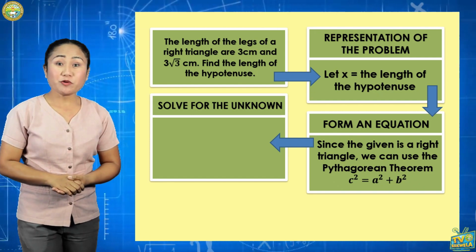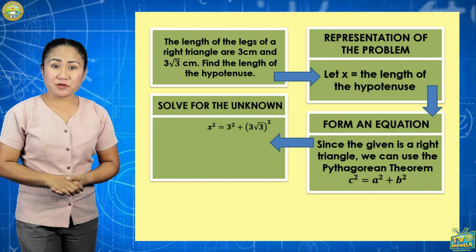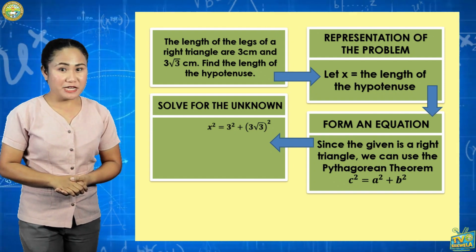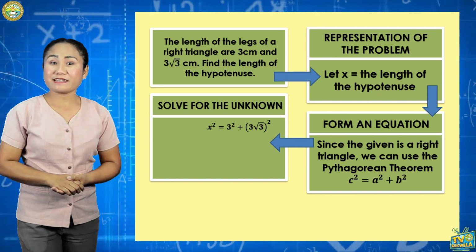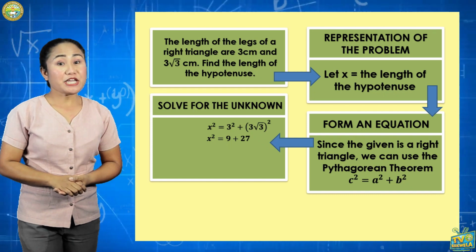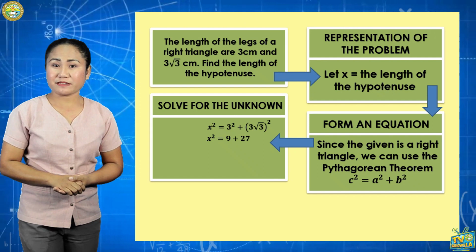Then, we will have x squared equals 3 squared plus the quantity of 3 square root of 3 squared. Simplifying this equation, we have x squared equals 9 plus 27.